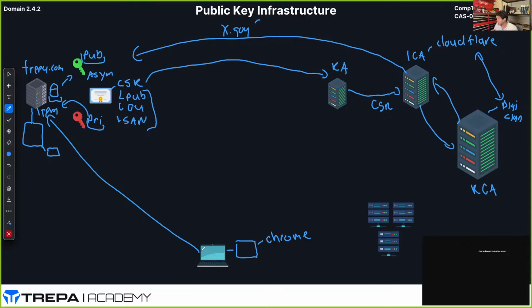Without diving too deep into how this TLS handshake works, essentially what we're going to do is we have a public key that we're going to send over to Treppa.com, and then they're going to send their public key back.